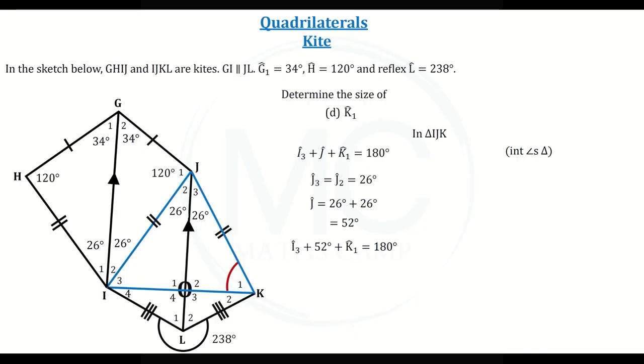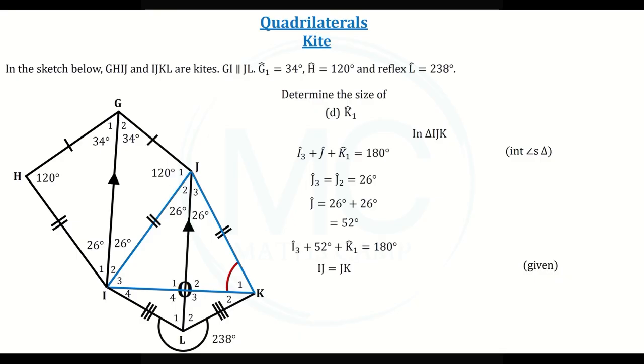We know that IJ is the same length as KJ because this information has been given to us in the diagram. This means that IKJ is an isosceles triangle with two equal sides and two equal angles.